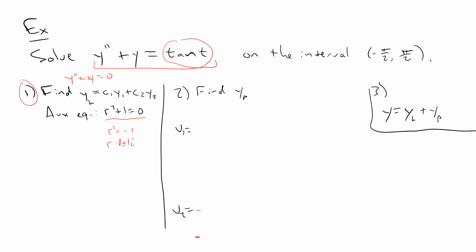So I can say that y sub h equals e to the 0t, which is just 1, so I don't even need to write that, times sine beta t. So I've got c1 sine beta t, sine 1t I should say, plus c2 e to the alpha t, which in this case, again, e to the 0 is just 1, cosine beta t. Beta is 1, so this is just cosine t.